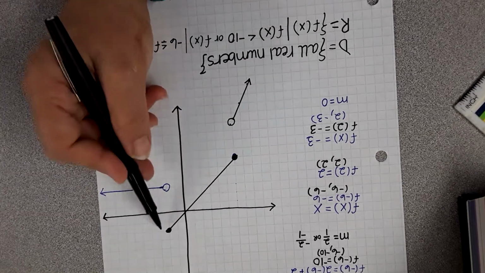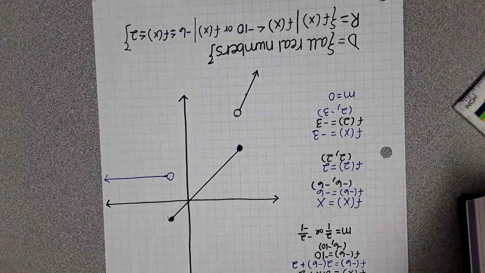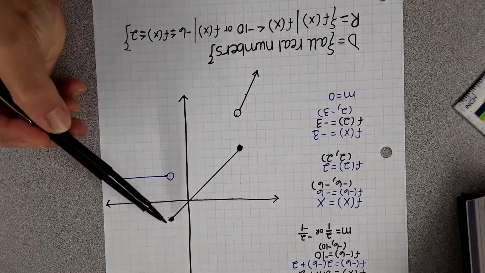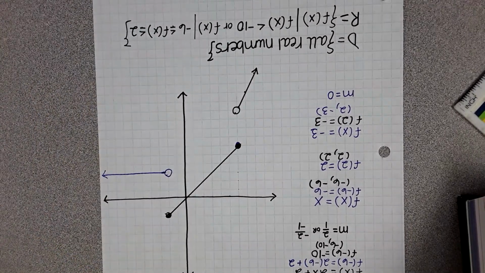Because these are, yes, well, they're connected, but they also are closed circles. If they weren't closed circles right here, then they would have just been less than. Okay. There's a lot of moving parts to these problems. So where do you think I need to go over?